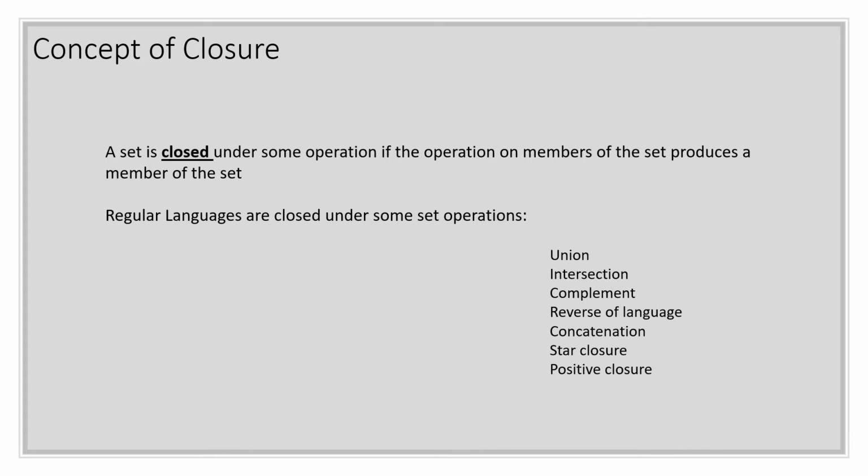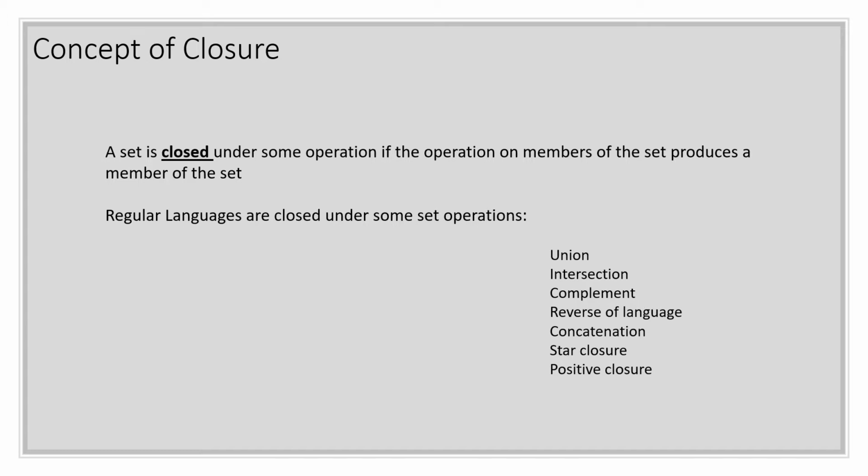So for example, if you have two regular languages and you take the union of those two regular languages, and the resulting language is regular, then regular languages would be closed under union, which they are. These are some of the operations that regular languages are closed under: union, intersection, complement, reverse, concatenation, star closure, and positive closure.